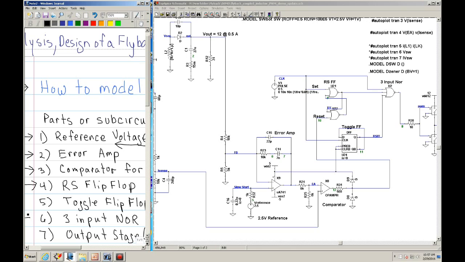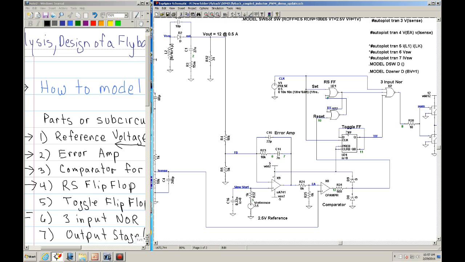So that's another leg of the input NOR. And if you look at the bottom leg, that goes to your toggle flip-flop. Let me label this. It's a T flip-flop, a toggle flip-flop.